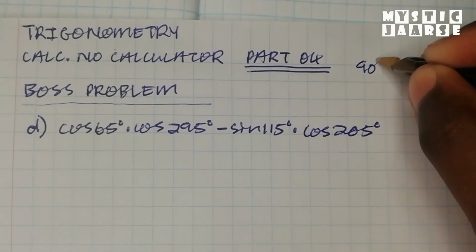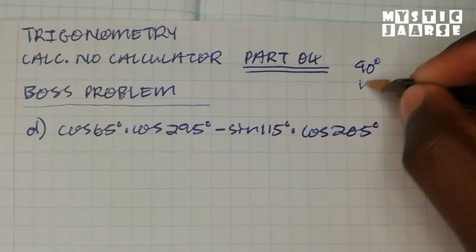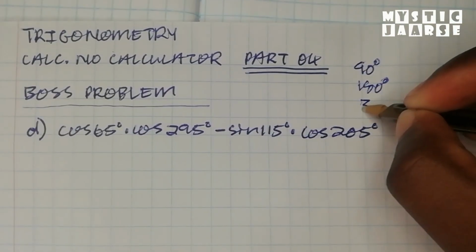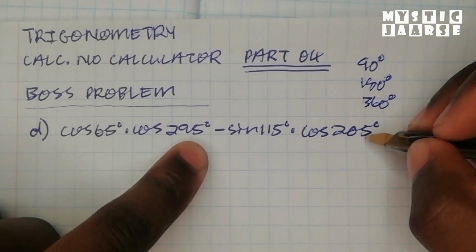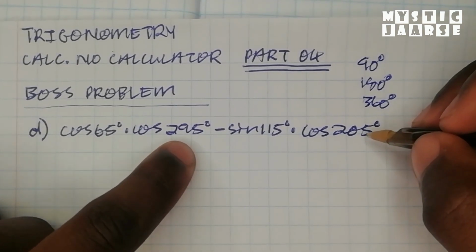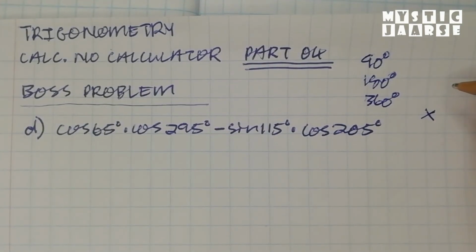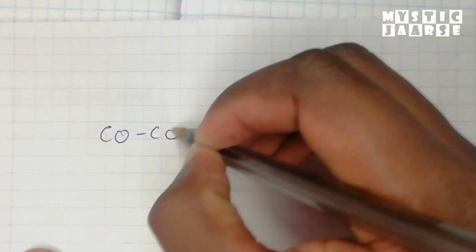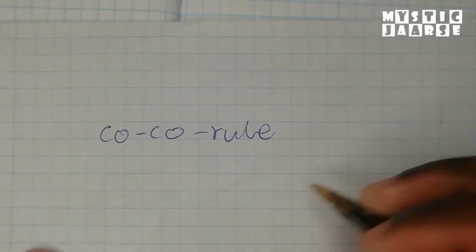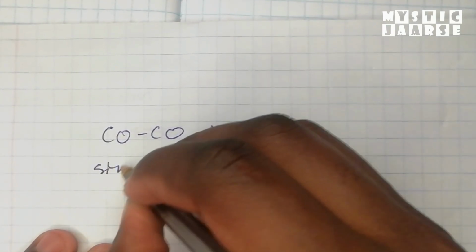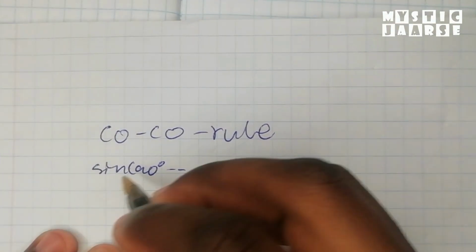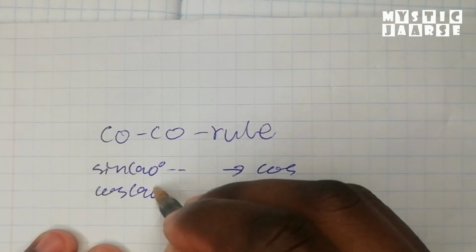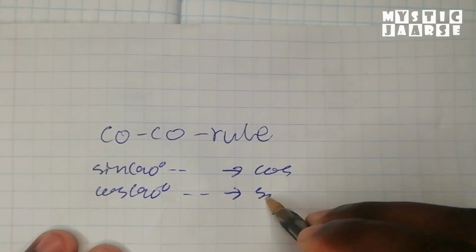The angles that we use to reduce bigger angles are 90, 180 degrees and 360 degrees. Now usually when you reduce angles, you start with the bigger ones like 295 and 205. Do you remember the Coco rule, where if you have sine of 90 degrees it will change into cos, and if you have cos of 90 degrees it will change into sine?